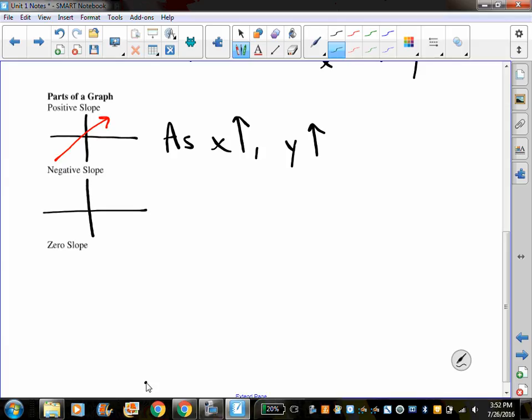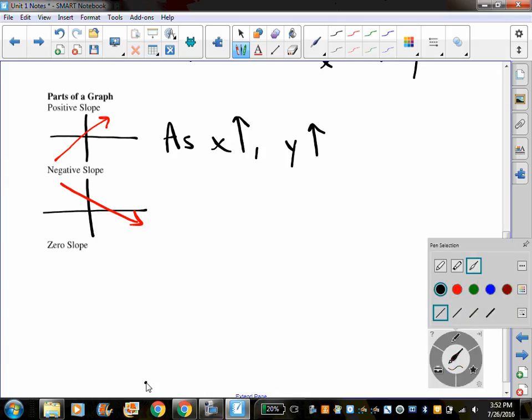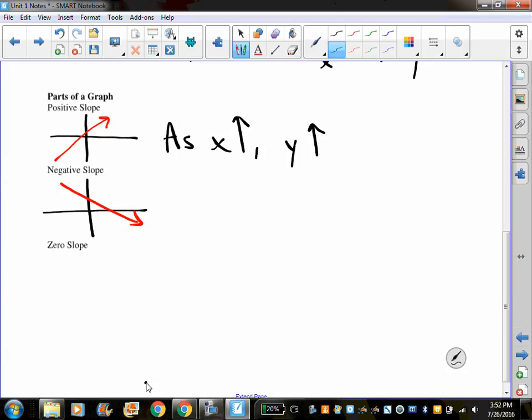This is as compared to a negative slope, which again can be placed really anywhere on the XY coordinate system, but we'll keep it there for now. And the important part about a negative slope is that as your X values increase, your Y values are now going to decrease.